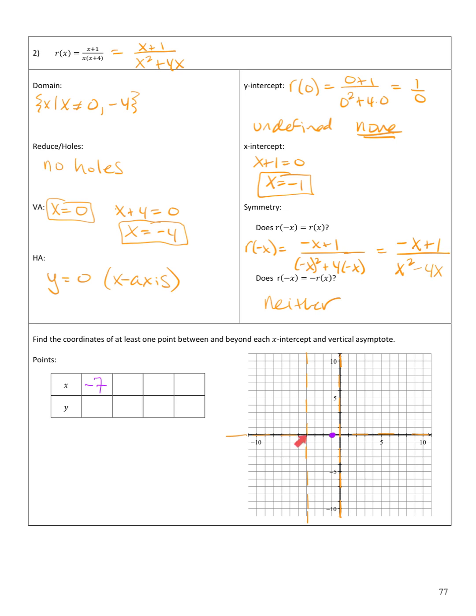So something between negative 4 and negative 1, maybe negative 3. Okay, then I need something between the x-intercept and the next vertical asymptote. So something between negative 1 and 0, like negative 1/2. And finally, I need an x value after the last vertical asymptote. So something after x equals 0, maybe x equals 3.